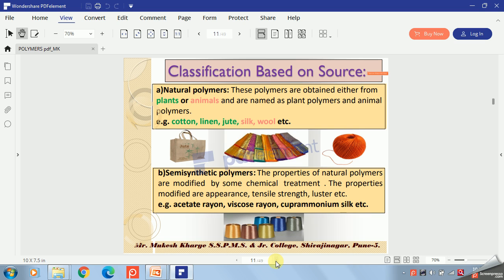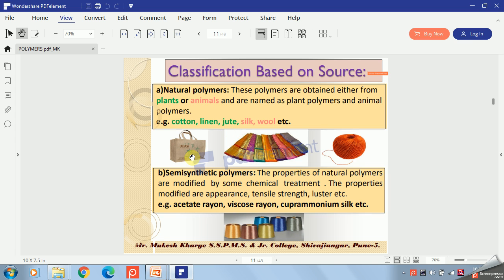Classification based on source. So first type is natural polymers. These polymers are obtained either from plants or animals. Plants and animals are natural sources or origin, and on that basis the natural polymers can be further named as plant polymers. Example is cotton, linen and jute.